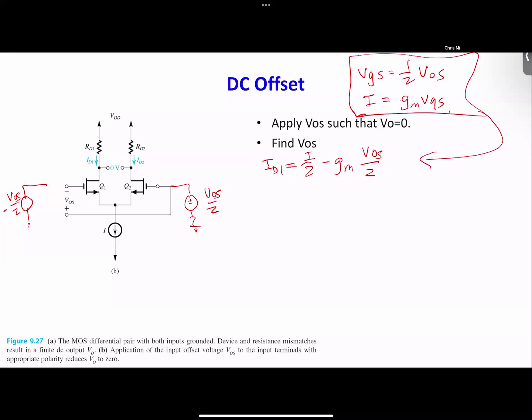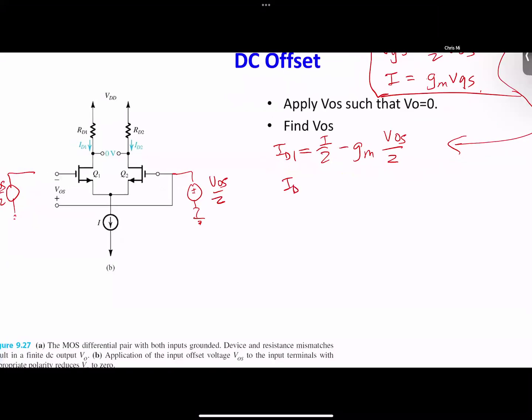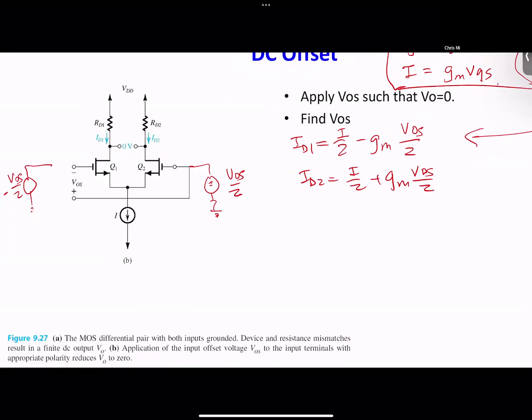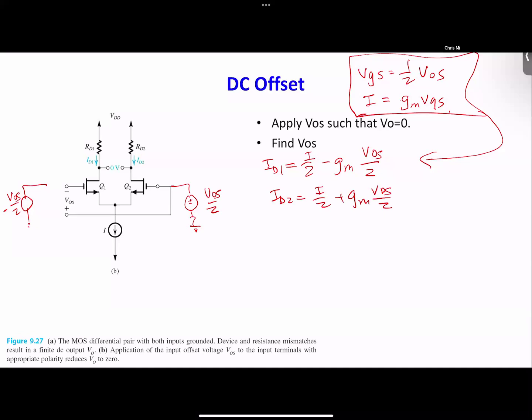We got ID equal to basically the DC biasing current minus the actual current induced by this common mode input voltage. And similarly, you can write ID2. So one is minus, the other is plus GM over 2. Okay. And then now you can find VO1 and VO2.